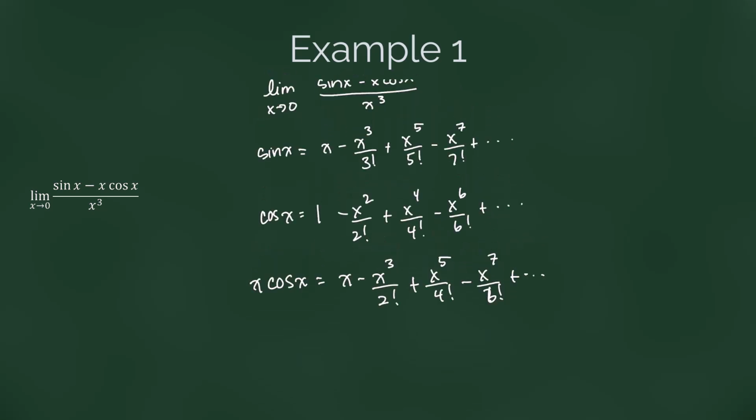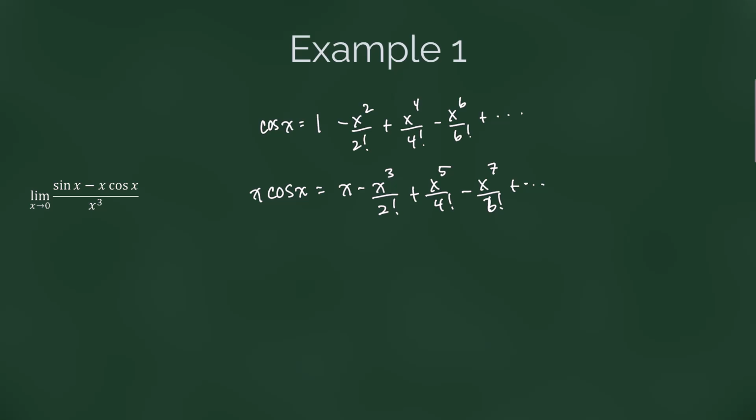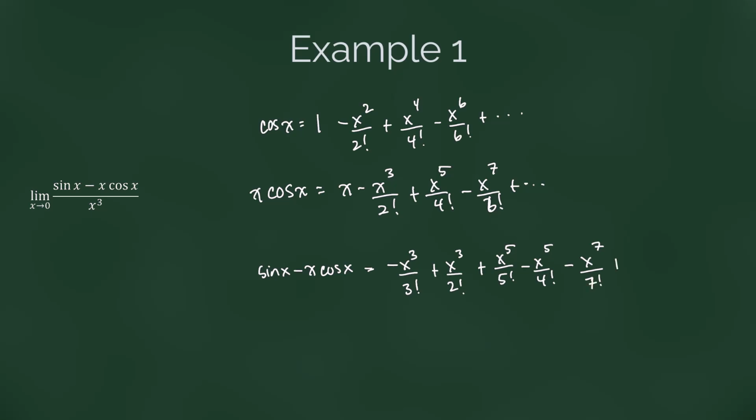When we subtract sine x minus x cosine x, we get x minus x, which is 0, and then negative x cubed over 3 factorial plus x cubed over 2 factorial because of distributing the negative, and then plus x to the fifth over 5 factorial minus x to the fifth over 4 factorial, minus x to the seventh over 7 factorial plus x to the seventh over 6 factorial, and so on.